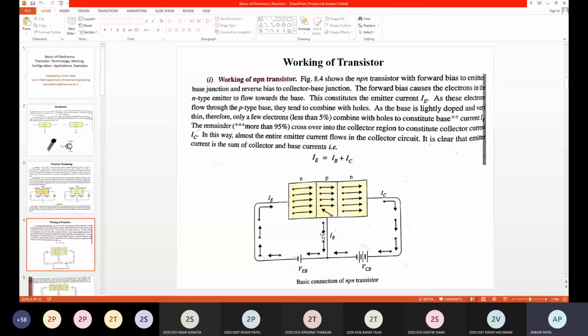Okay, and the direction of current is given as we know current always flows from positive to negative. Electrons flow in the opposite direction with respect to current.